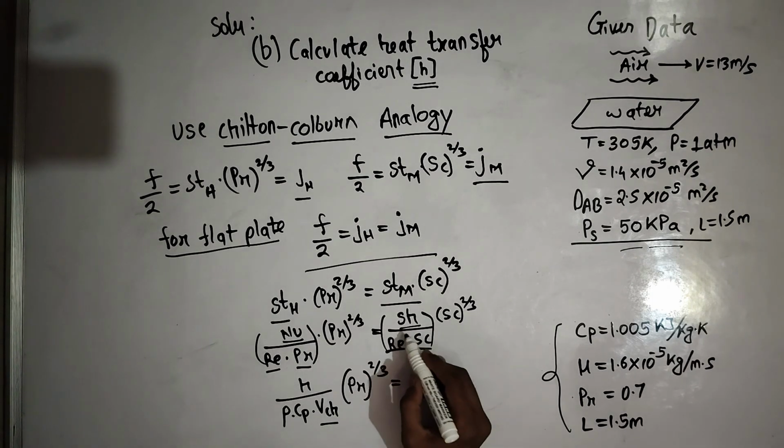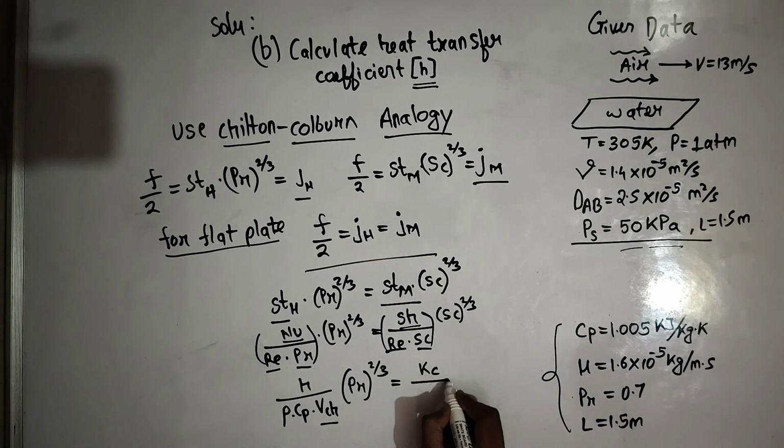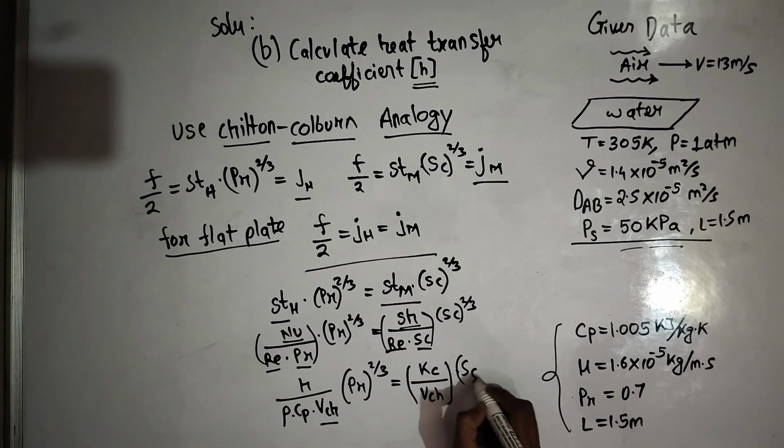And after substituting the values of these dimensionless numbers, Kc upon V, this is what we get, into Schmidt number to the power 2 by 3. We can cancel out the V.